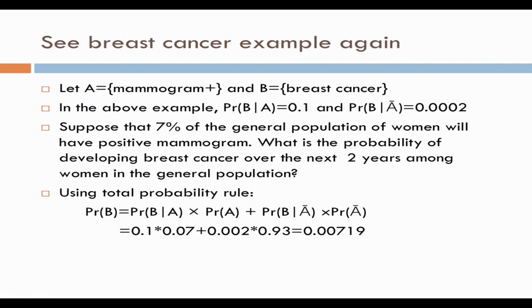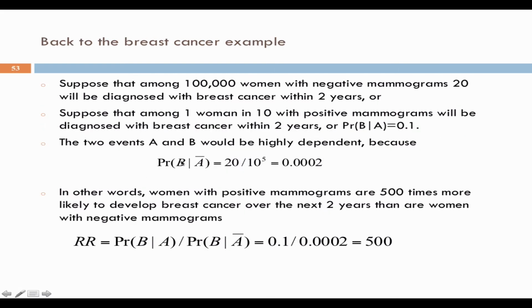And why do we do that? That is because we know the probability of A, which is 7% positive mammogram. And we know that given the mammogram is positive, the probability of breast cancer is 1 in 10, so it's 0.1.